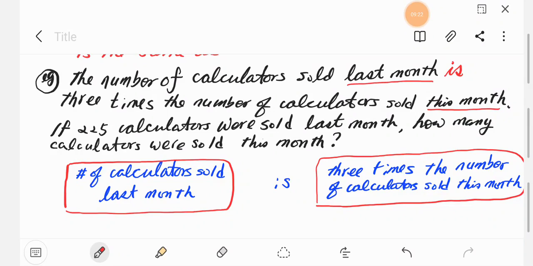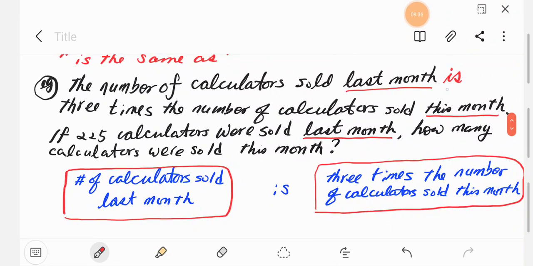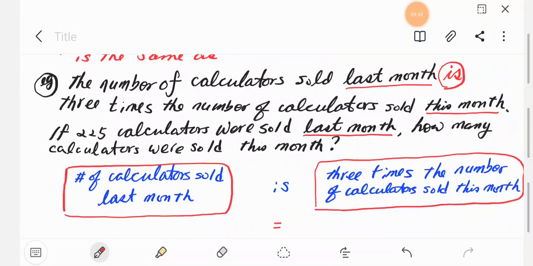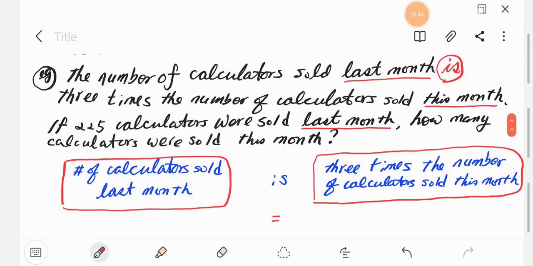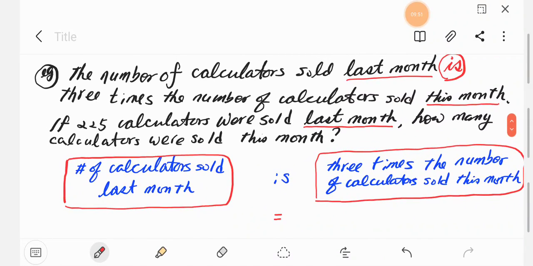So if 225 calculators were sold last month, so last month the number of calculators sold was 225. So in this case, this word is will be replaced by an equal sign, right? Equal sign. And the phrase on the left side of this word is will be located on the left side of the equation. So 225 calculators were sold last month, 225.